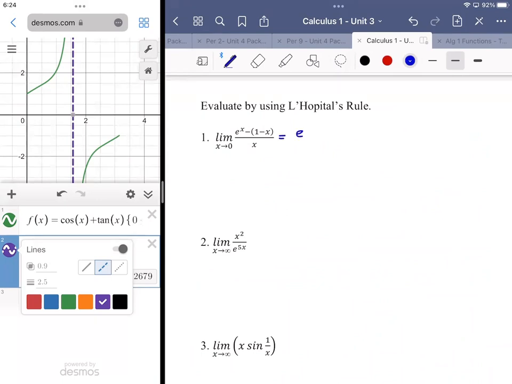In this case, 0: e to the 0 minus 1 times 0, over 0. 1 minus 1 over 0 is equal to 0 over 0. That's indeterminate, which means L'Hopital's rule applies.